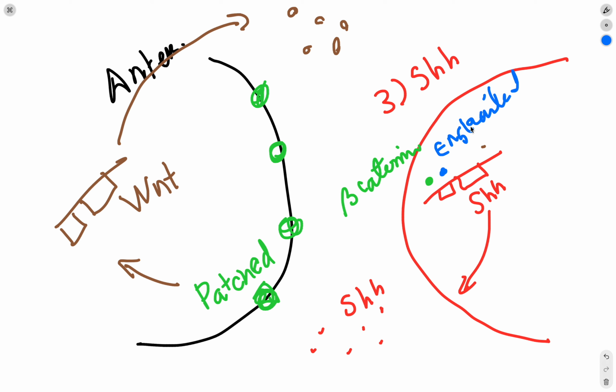We have these signaling factors, and their targets are transcription factors. And the target transcription factors are activating the identity genes. So sonic hedgehog is activating the identity genes in the anterior. Wnt is activating the identity genes in the posterior.